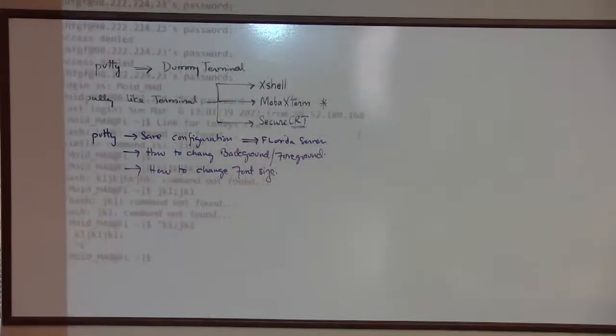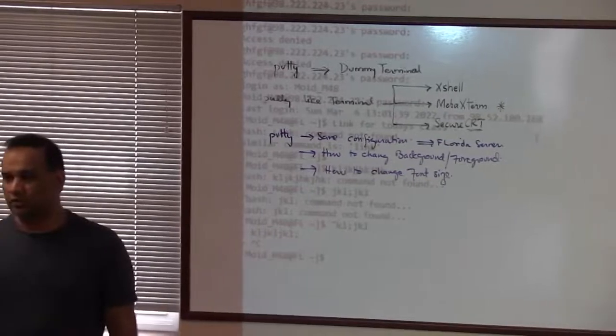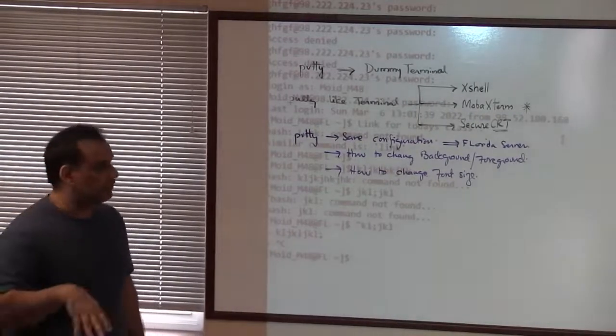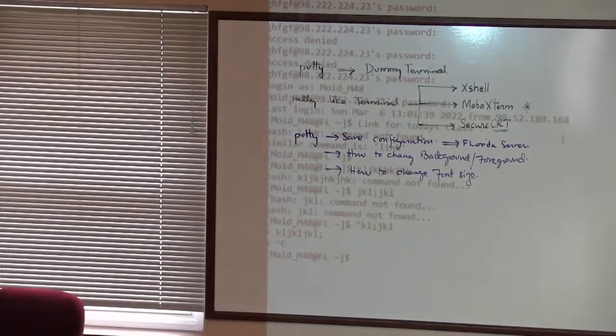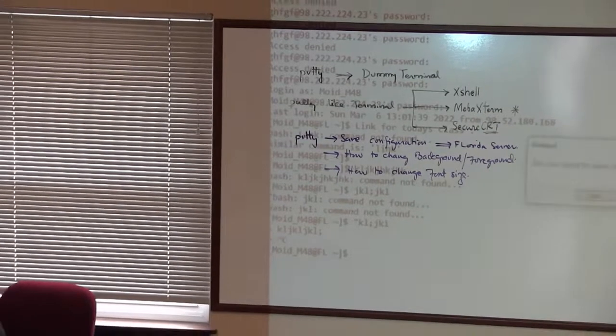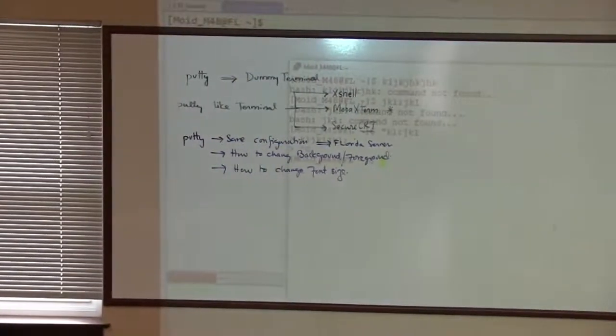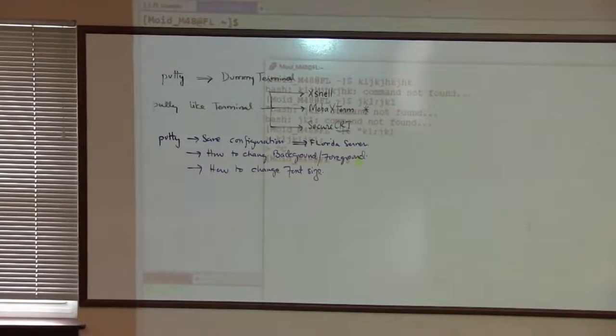So now I have everything in a notepad. Or you can simply open up your email and email that to yourself. Change the subject to V2 Sunday class notes, and then you email it to yourself, and you have all the history of your commands. Are we okay so far?